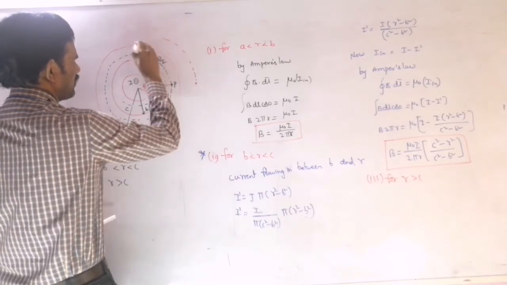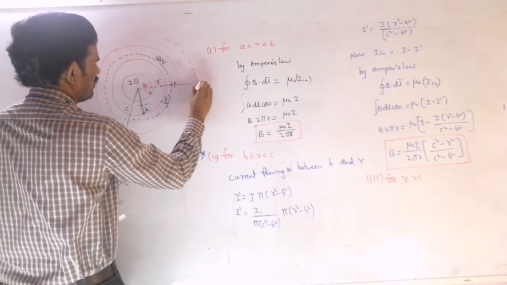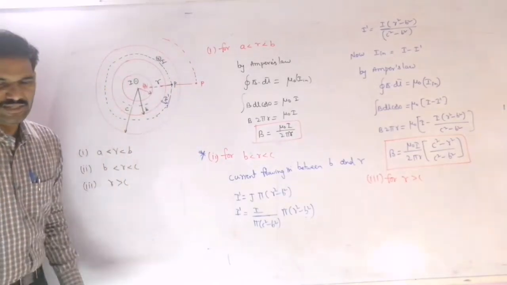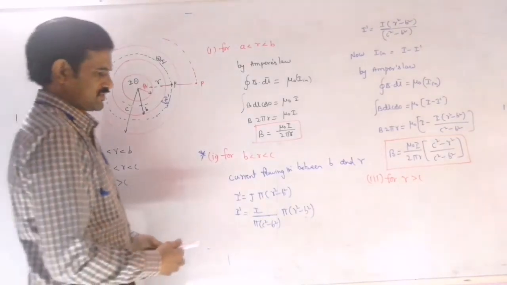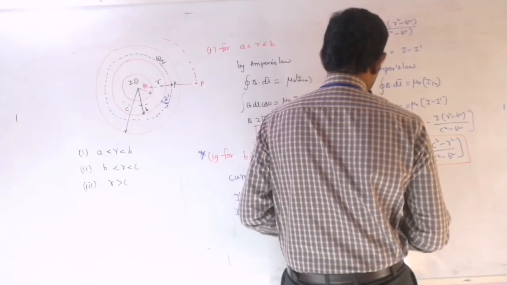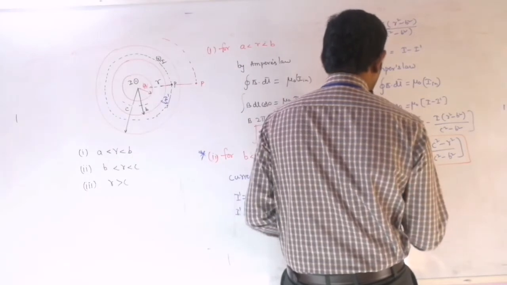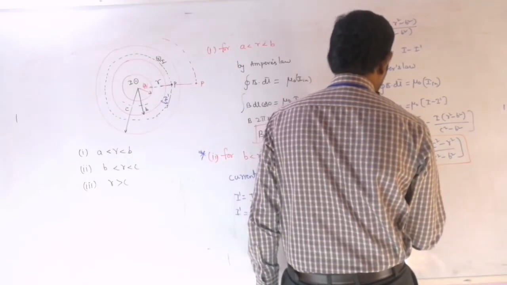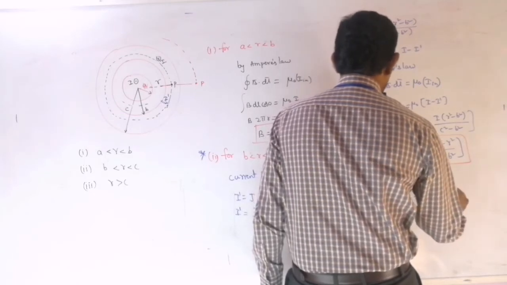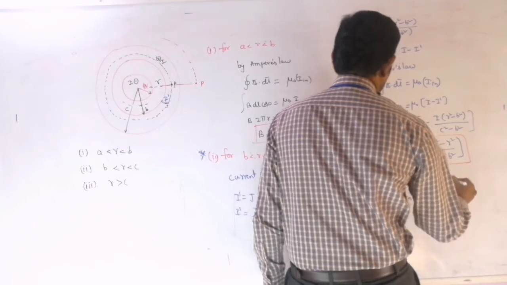Then this is our Amperian loop we need to consider like this. Directly for this point let us calculate the I in value, then you will get clarity about that. So for point P, r greater than c, the I in value we can write is I minus I.